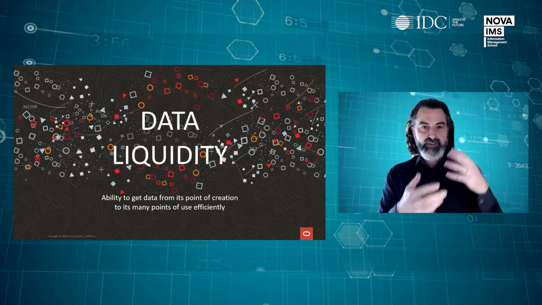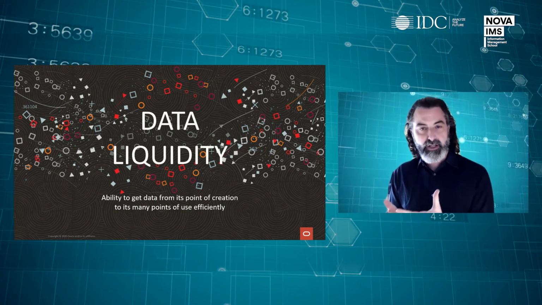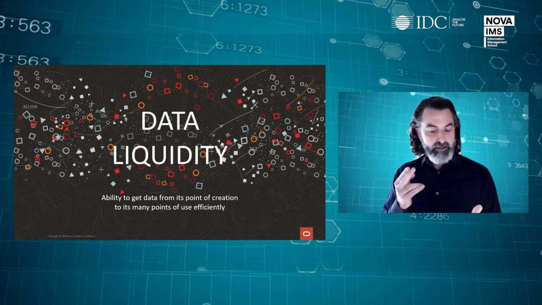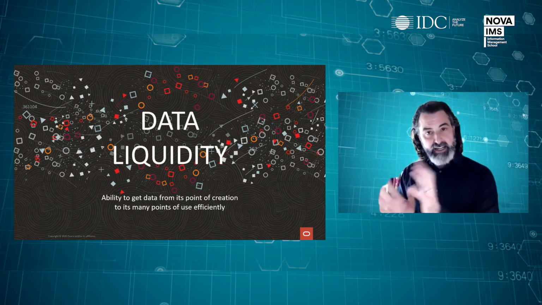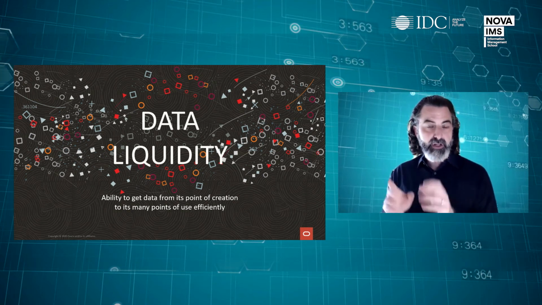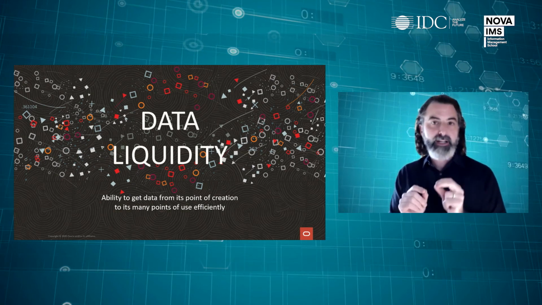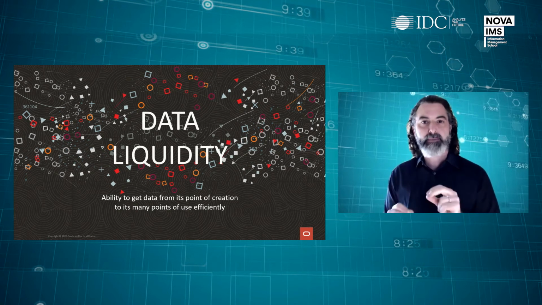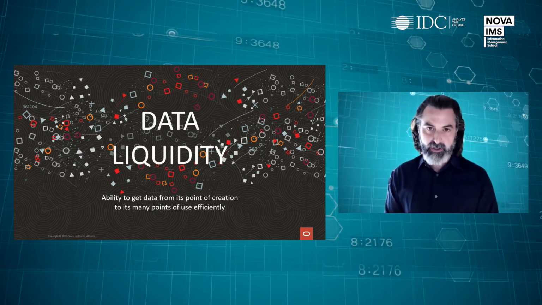Well, those X-rays, that data, then gets loaded into a converged database, a database that is multi-model, multi-tenant, multi-workload. And because that data is in a converged database, multiple points of use get access to that data as if it had been born in the shape that each one of those applications and analytics needs for its own task.